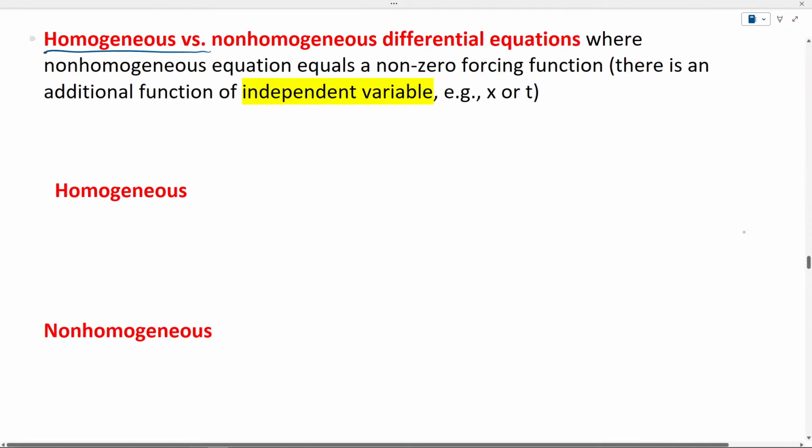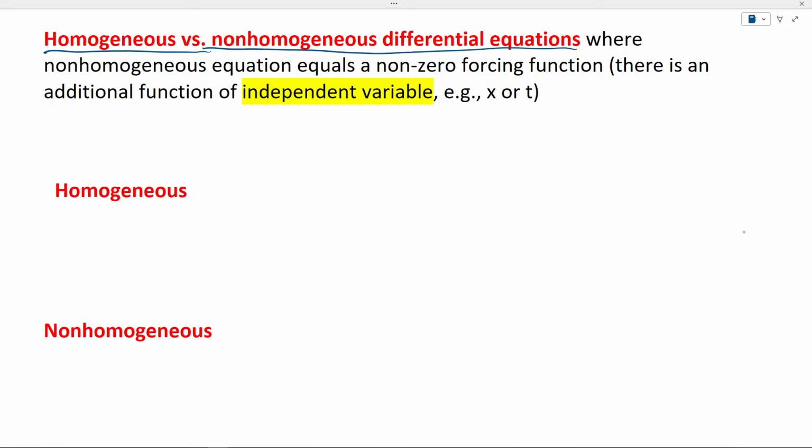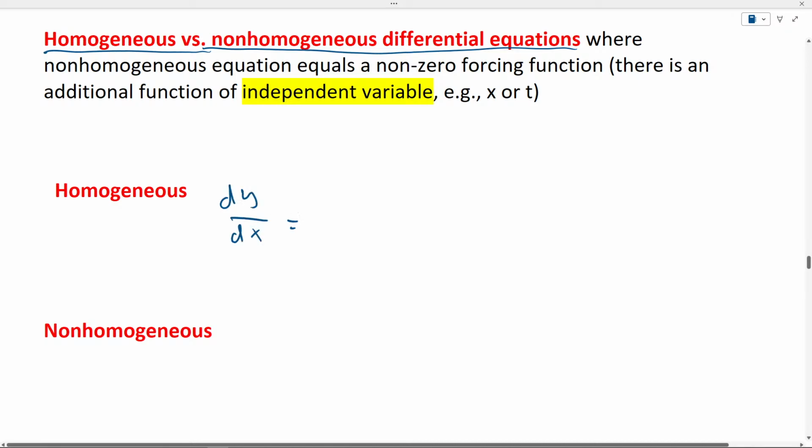Finally, homogeneous versus non-homogeneous differential equations. This has to do with the independent variable, not the dependent variable. Let me show you an example of a homogeneous one: dy over dx is equal to y. This is homogeneous.